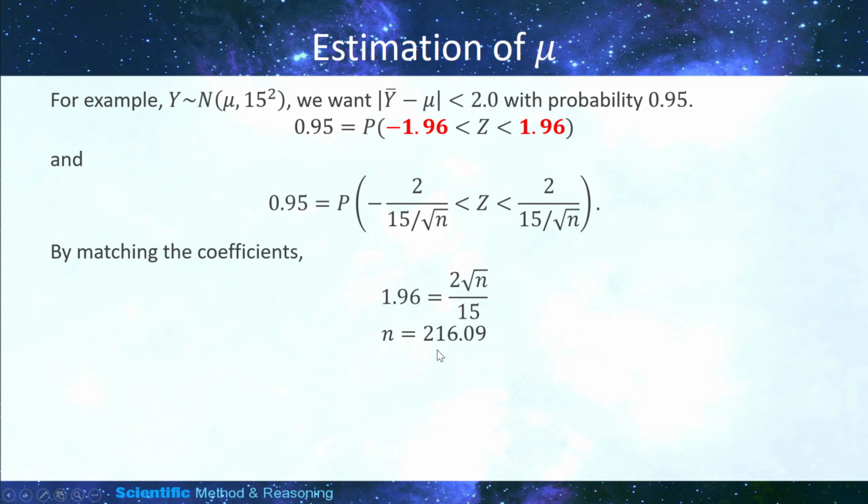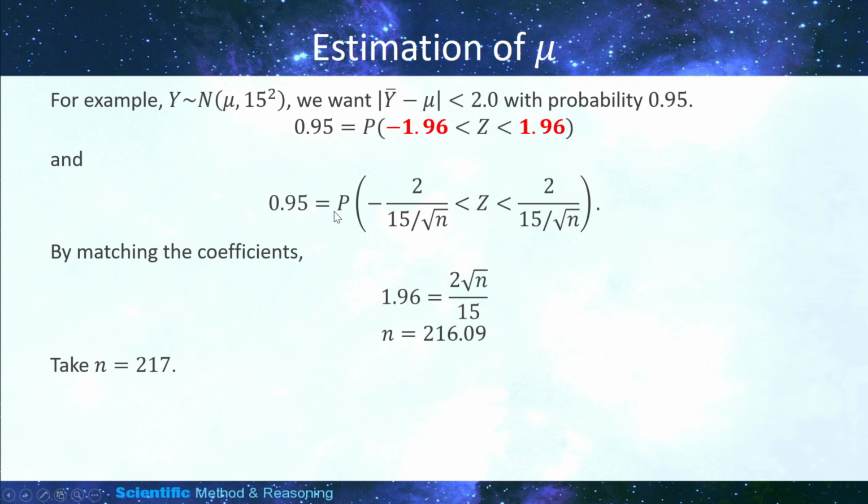And then we can solve for n equals 216.09. Or we simply take n equals 217. Okay, this is important, as this is just like the design of experiment.